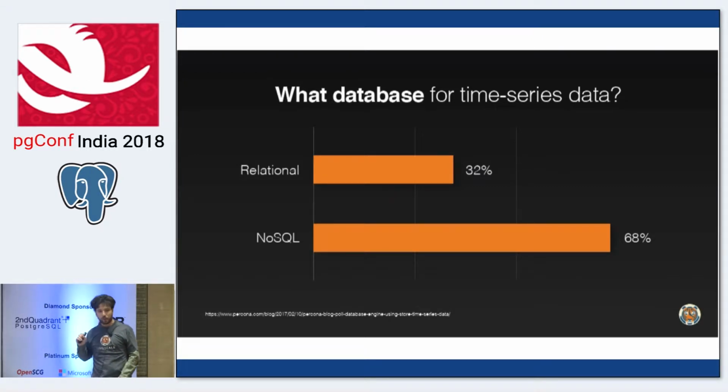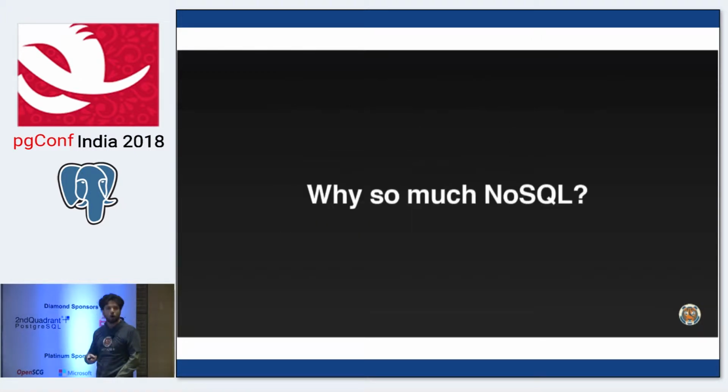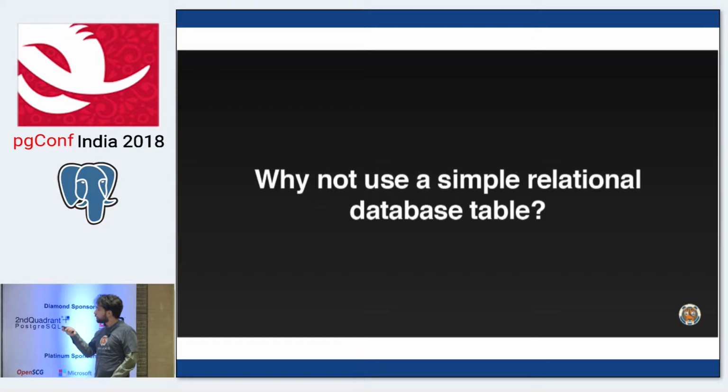And it turns out that about 30% store it in a relational database, while about 70% store it in a NoSQL database. And the question you should be asking yourself is why? As I just showed you, you get a lot more power from a relational representation. Why don't people store it in a relational database?